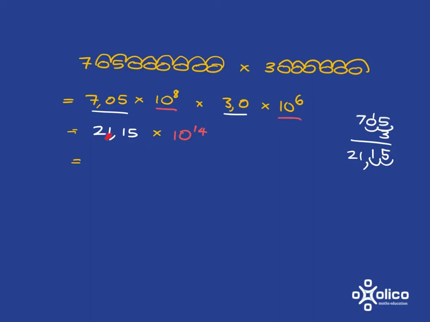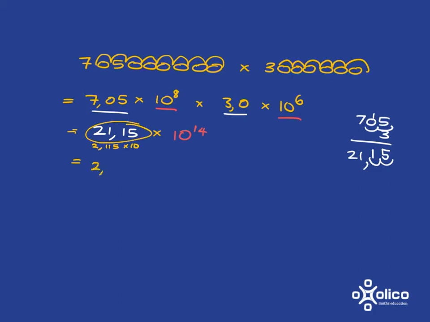And remember, in scientific notation, we only want to have one digit before the comma. So how do we get that into scientific notation? Well, we know that 21,15 is the same as 2,115 multiplied by 10. So we can replace this thing here by 2,115 multiplied by 10.